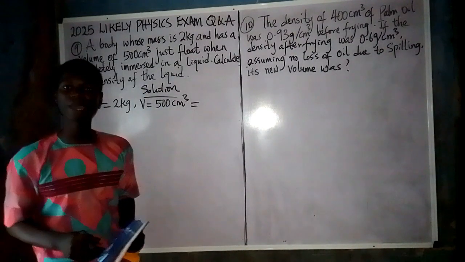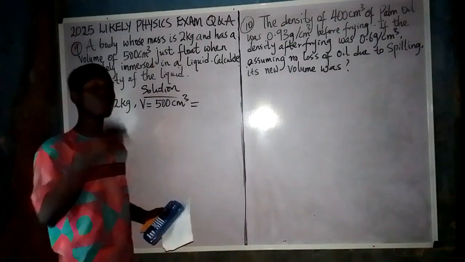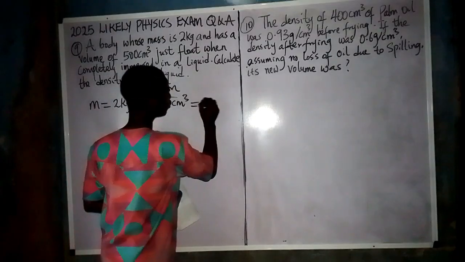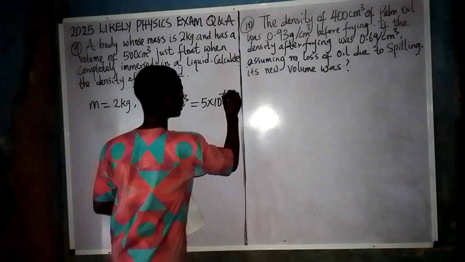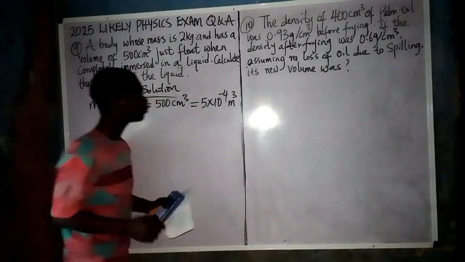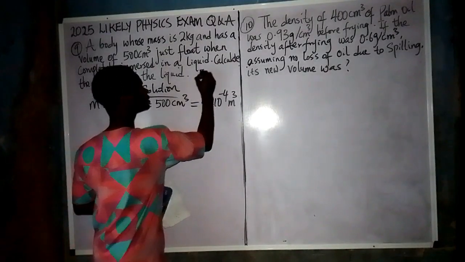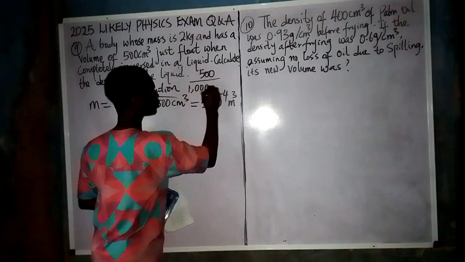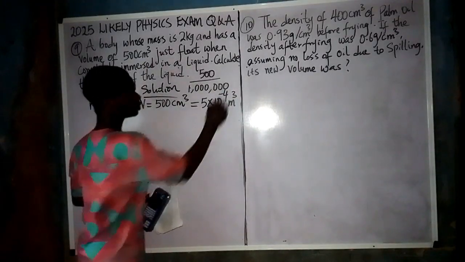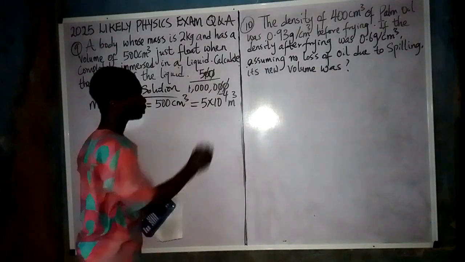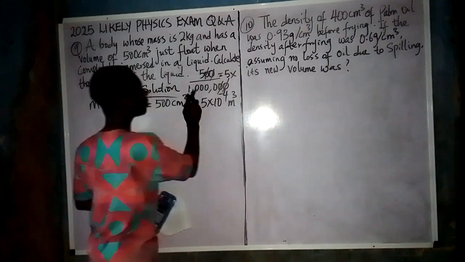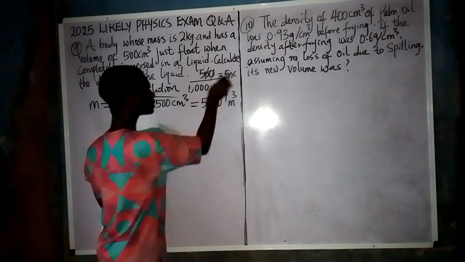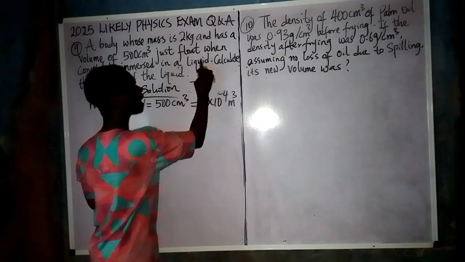And how do you do that? Simply divide by 1 million. That will give you 5 times 10 raised to power minus 4 meter cube. For those of you that will be asking how I got this, this is 500 divided by 1,000,000. We cancel the 0s, so 5 times, how many 0s do you have under? Is it not 4 of it? Because it's 4 of it, that is the reason why we have raised to power 4.